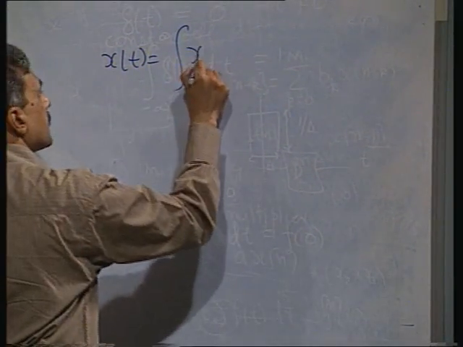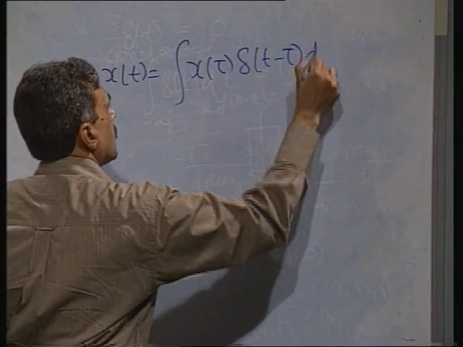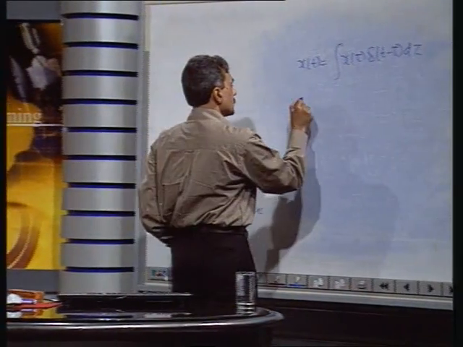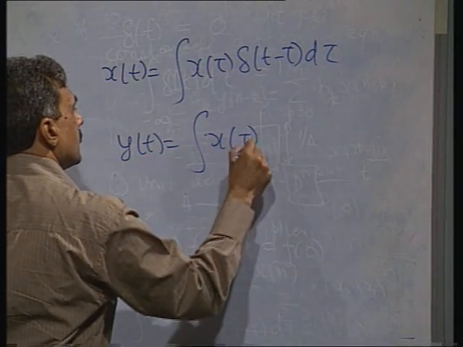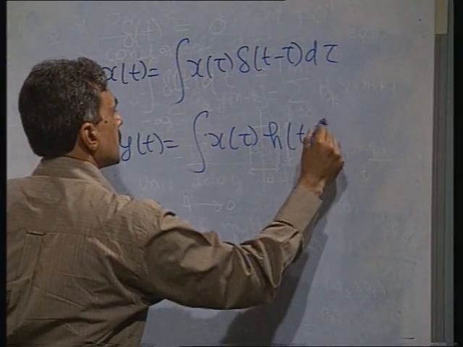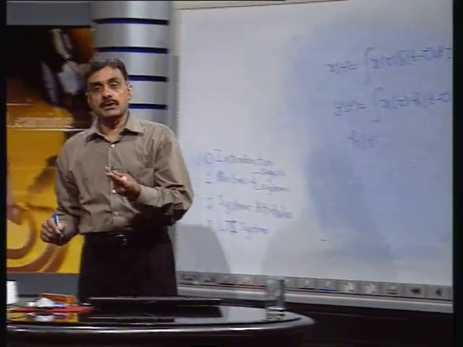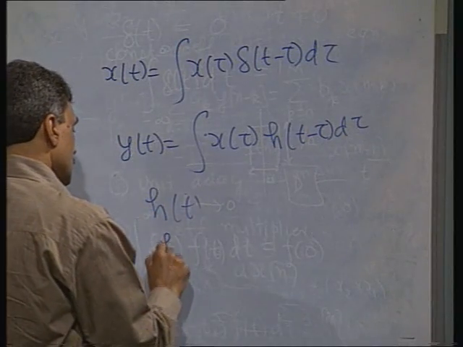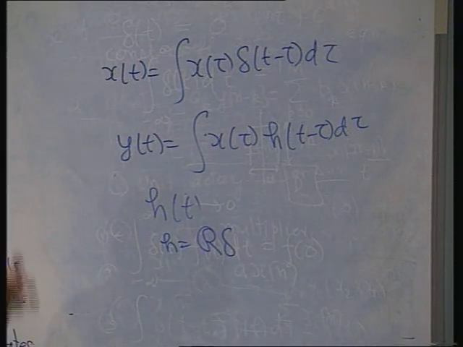That means I can write any x(t) as integral of x(tau) delta(t minus tau) d tau, and by following a similar argument I can show that y(t) is nothing but integral of x(tau) h(t minus tau) d tau, where h(t) is the impulse response of the system in the continuous time case. That is, h is nothing but the response of the system to the delta function in the continuous time case.